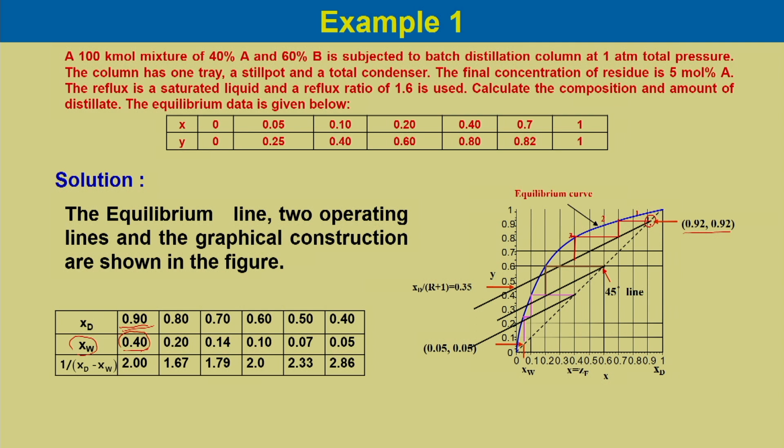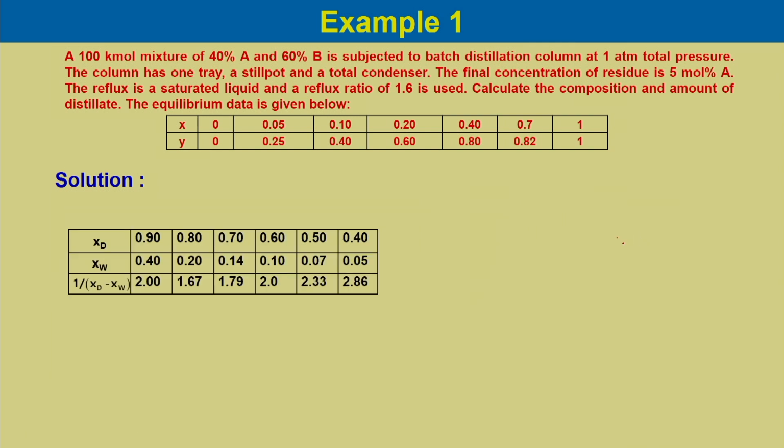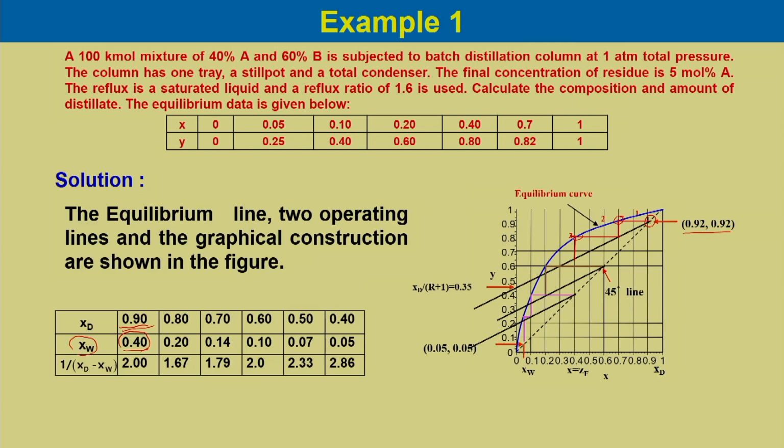Basically you start from a point here and then go to the equilibrium line, and then from here go vertically to the operating line, and then go horizontally to the equilibrium curve, and corresponding to that you go to the x axis, which is around 0.35, with respect to 0.92. If you take a point at 0.92 and with the slope of the operating line 0.615.